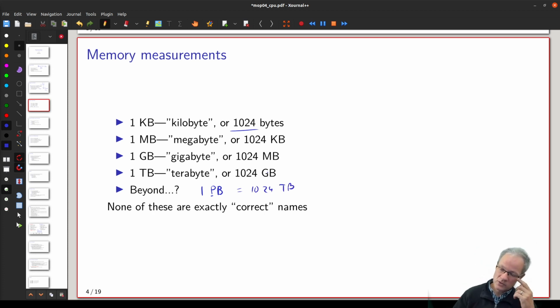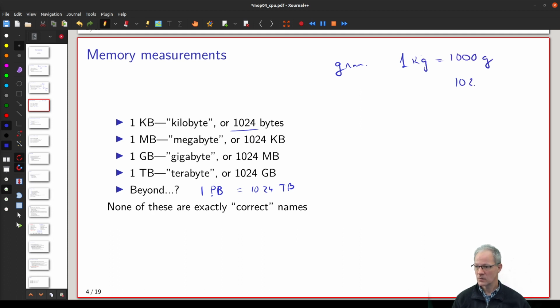Now, this is what we use to measure the amount of memory, the size of the memory, meaning the size of the buffers or the data or the available storage and so on, right? But we have to be kind of careful because these are not exactly correct names. Because if we're talking about grams, then 1 kilogram is 1,000 grams. It's not 1,024 grams, right?